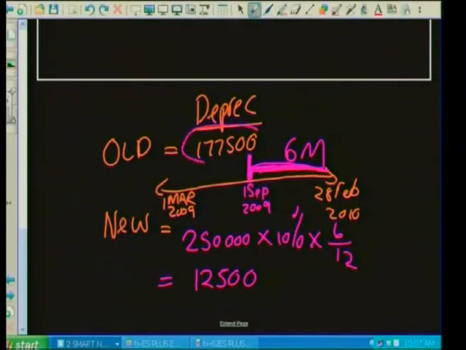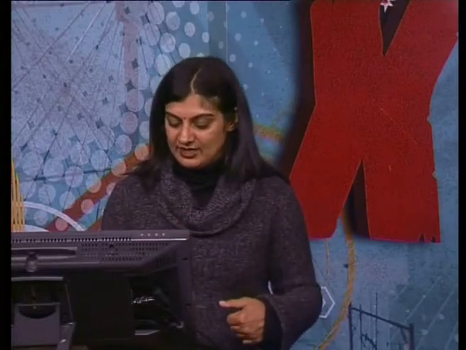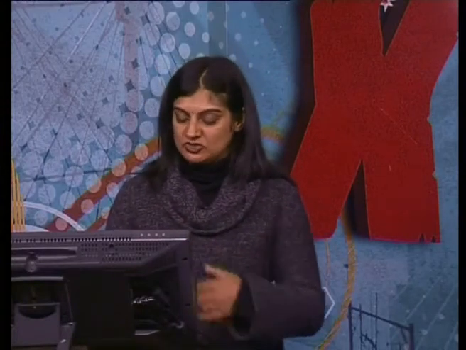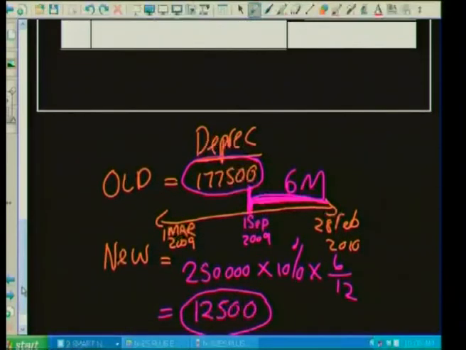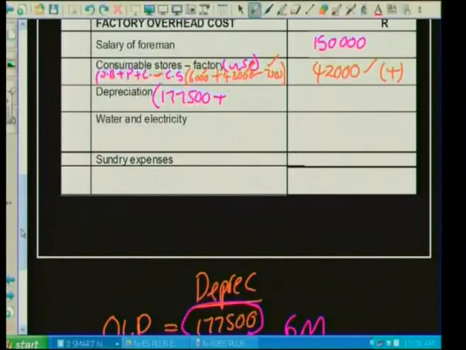Remember, try and show your calculations in brackets. I'm going to use this amount, 177,500, and I'm going to add my 12,500. You guys have done this a million times, I'm sure, when you did an income statement. So I really don't want to spend too much time on this. So let's go to depreciation, open brackets. We are adding 177,500 plus my 12,500.